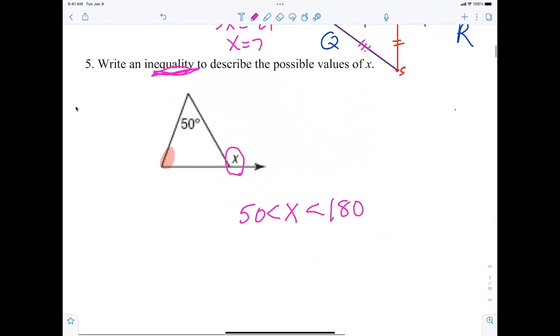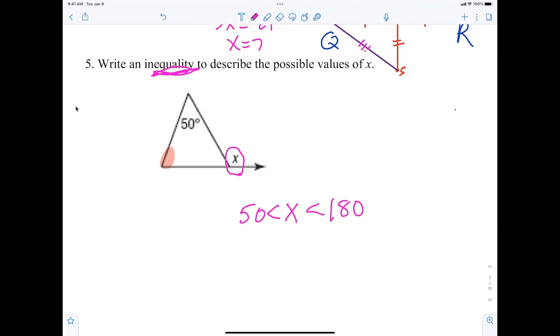How would it be x is less than 130? Because you can't really have a... never mind. Actually, I think that's a good point.